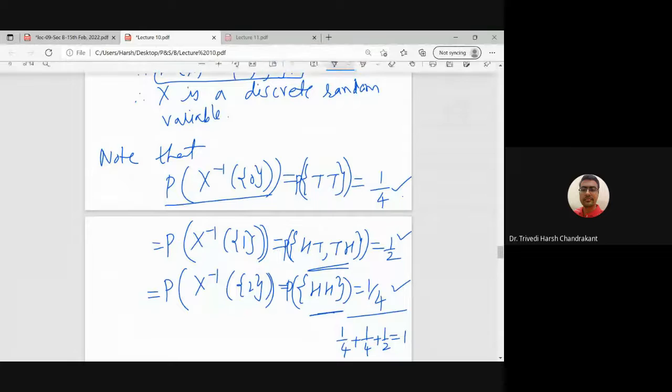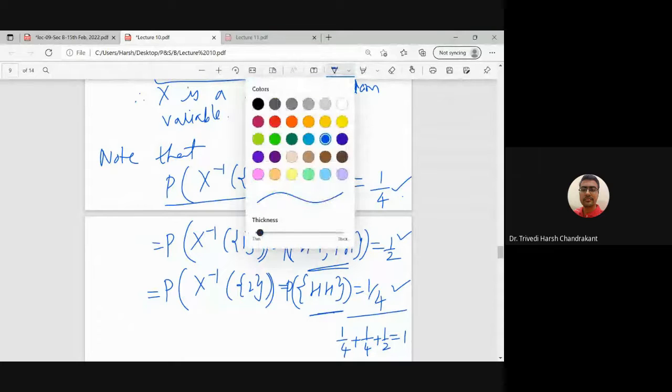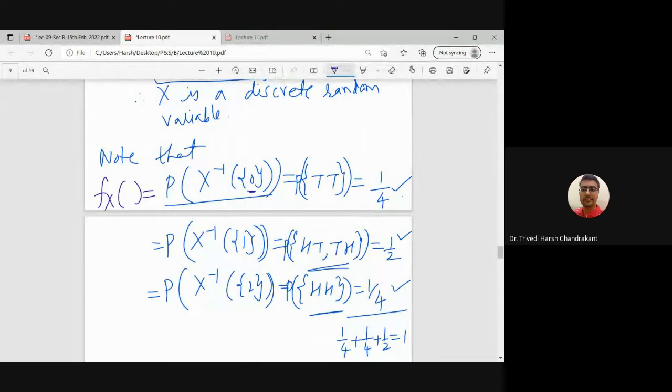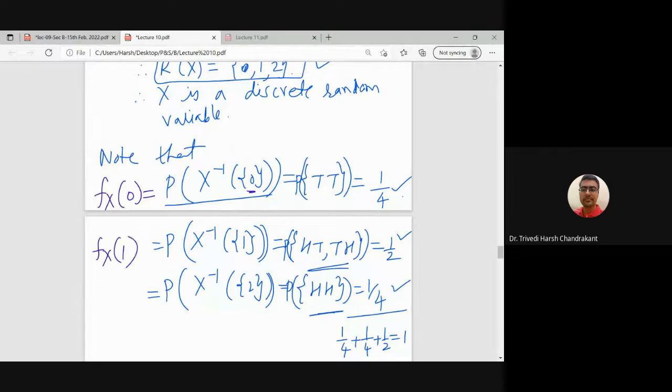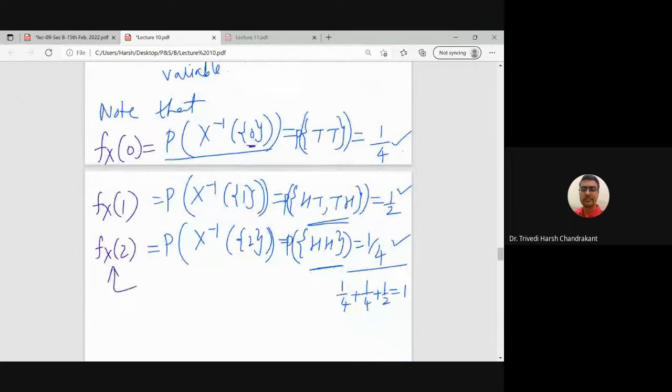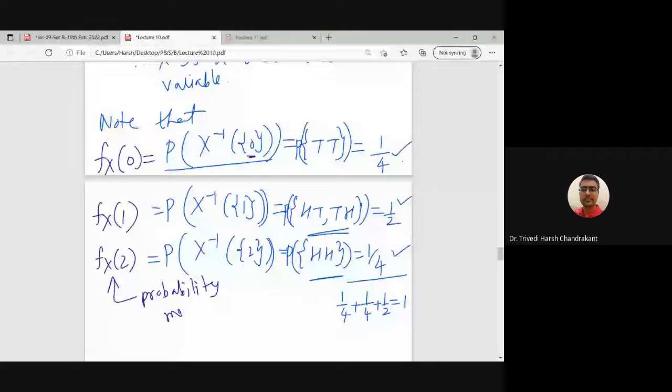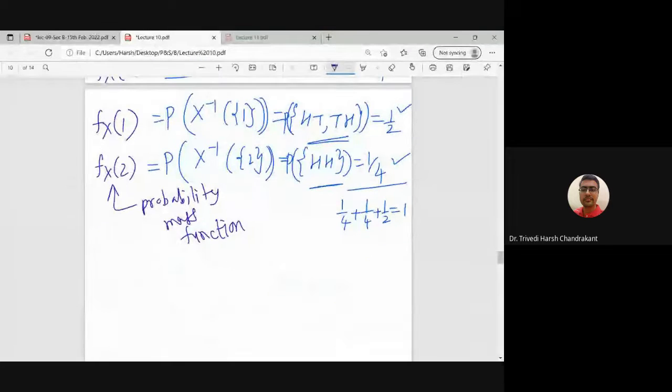So that is essentially the probability mass function. So this x is essentially this value in the range. So this function is known as probability mass function. So we have not defined probability mass function. Let us define that.